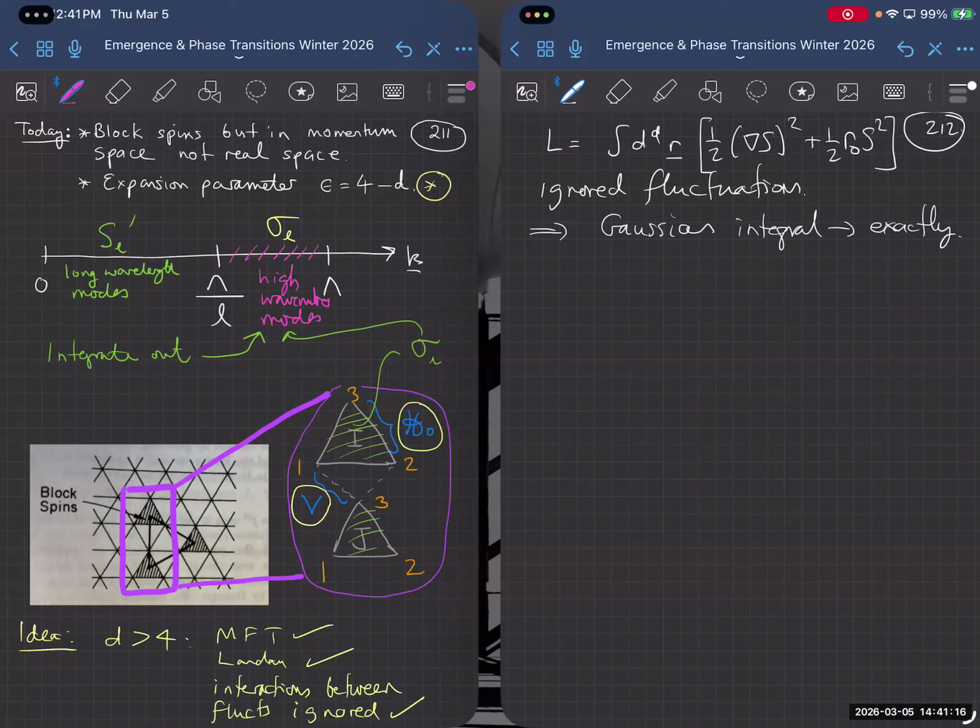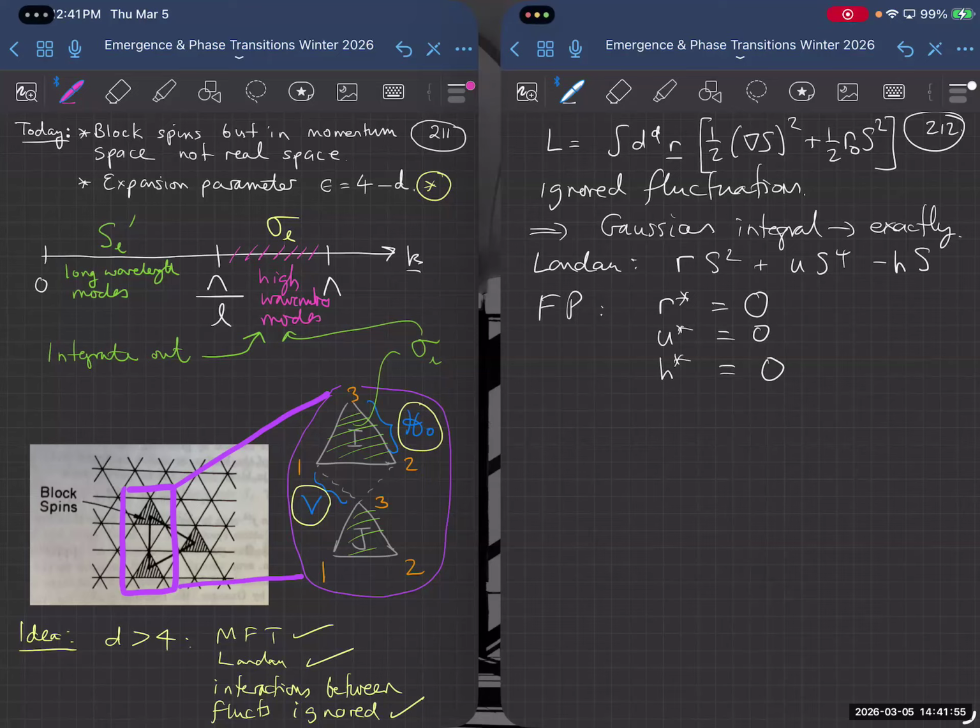So if you think about the coefficients that come into Landau theory, Landau theory in general has r, or r naught as we called it, the coefficient of the quadratic term, r s^2 plus u s^4 minus h times s. Those are the interaction terms. So what we expect is that the fixed points will be r star equal to 0, u star equal to 0, and h star equal to 0.